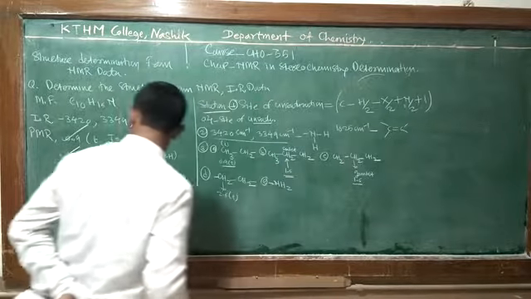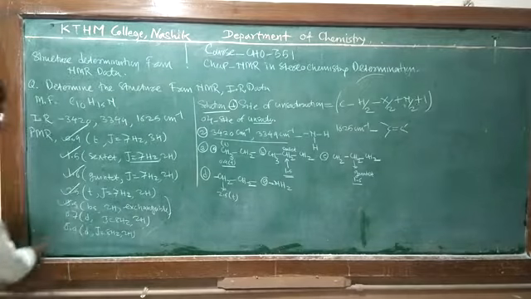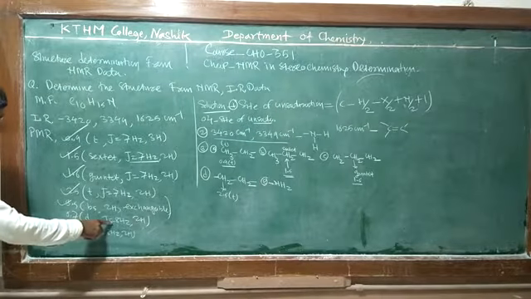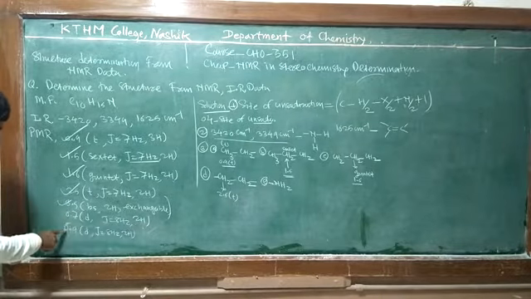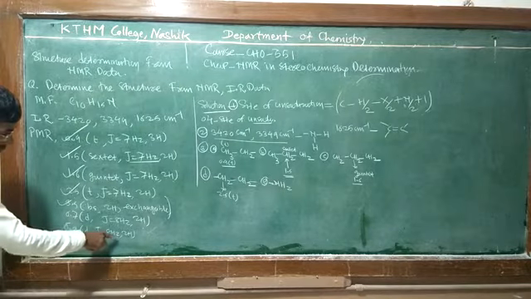Like this, NH2. Then 6.7 is a doublet, J equal to 8 Hz for 2 protons, and 6.9 is a doublet, J equal to 8 Hz for 2 protons.